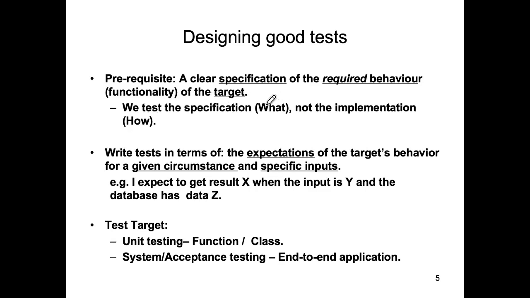And so when you're writing tests, you should always be looking at the specification. That should drive the design of your test cases more so than looking at the actual application code. And that can be something that people find difficult to understand or to follow when they are developing automated tests.